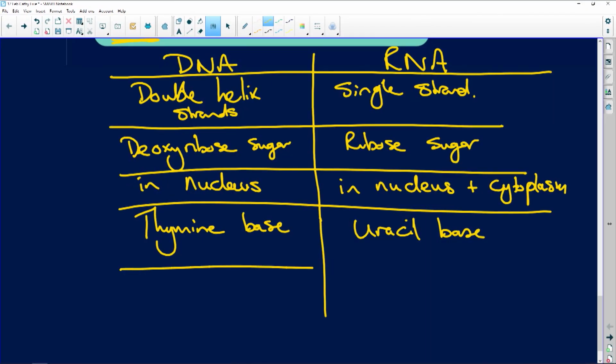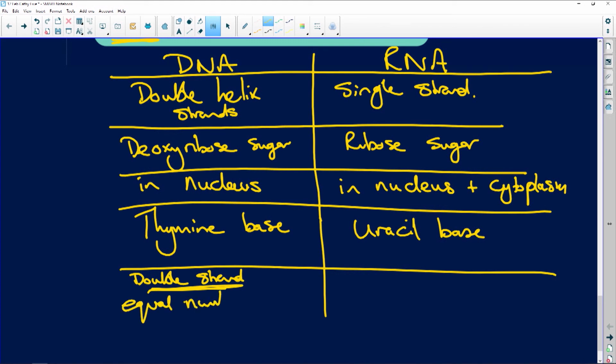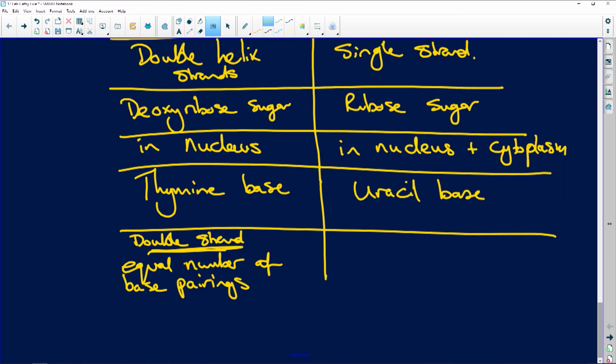Okay, last one, that's also very important. Remember, in DNA, because it's a double strand, you are always going to have an equal number of base pairings. So in other words, therefore, adenine will always equal thymine and guanine will always equal cytosine.